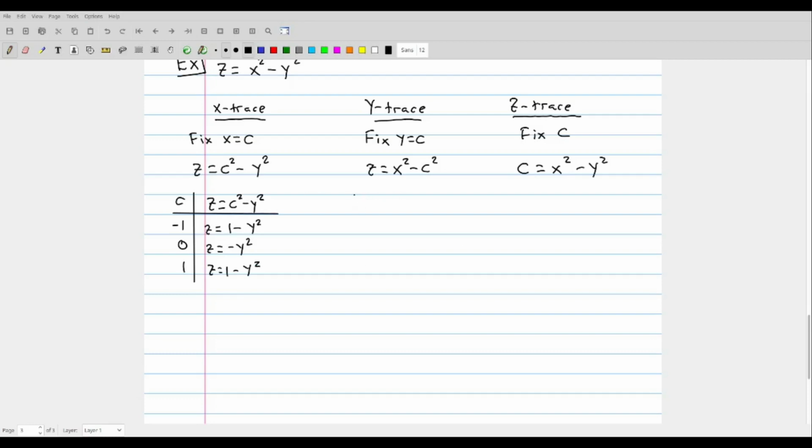For the y trace, we have a similar table. We get z is equal to x squared minus 1. We plug in -1 for c here. Z is equal to x squared, and then again z is equal to x squared minus 1 when 1 gets plugged in for c.